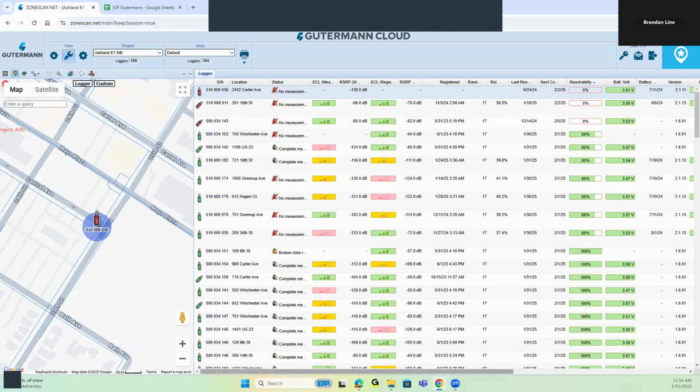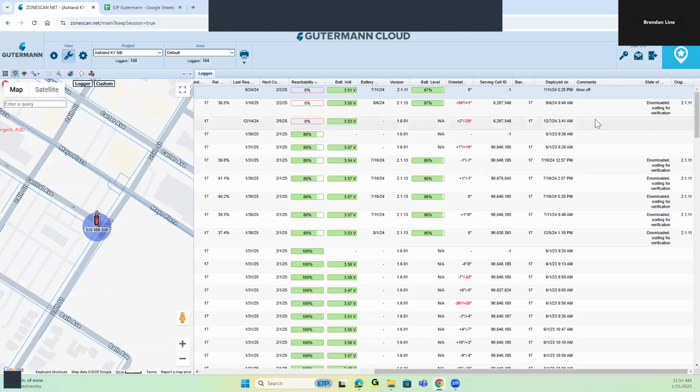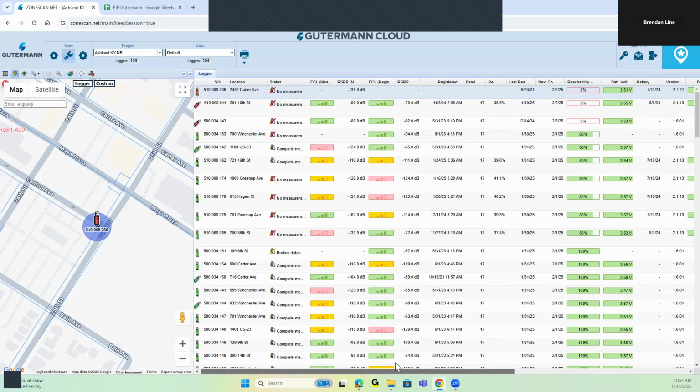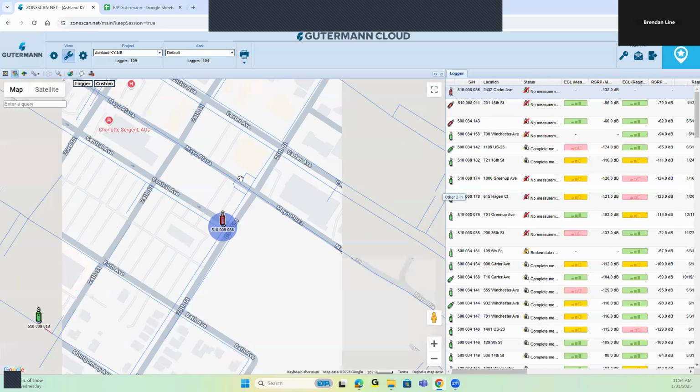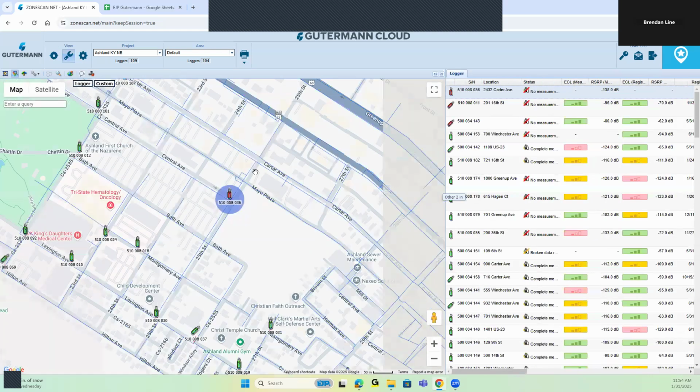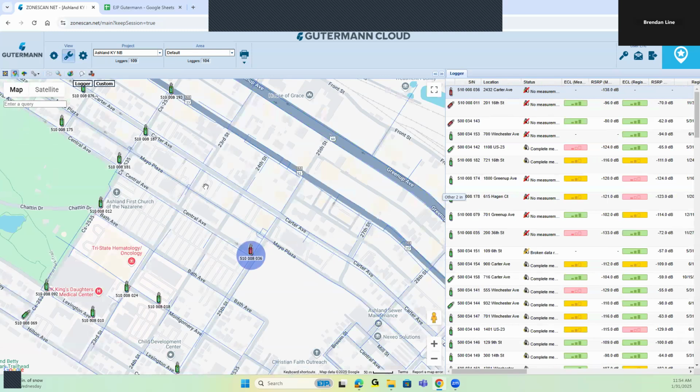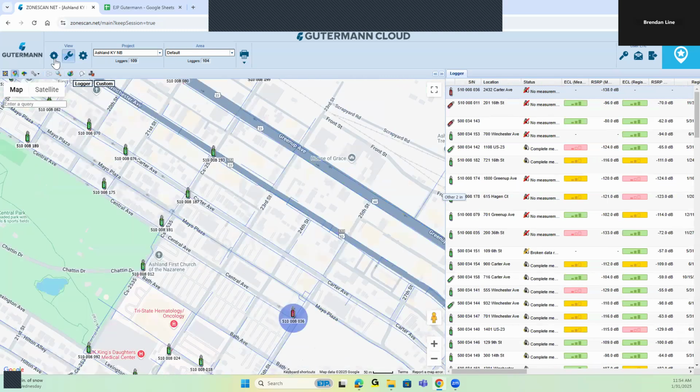So sky's the limit with that. Again, it's just to be able to manage things from ZoneScan Net, and you have a better, clearer picture of how things are in the field. It just helps you better manage your leak detection efforts. But that is maintenance on ZoneScan Net.